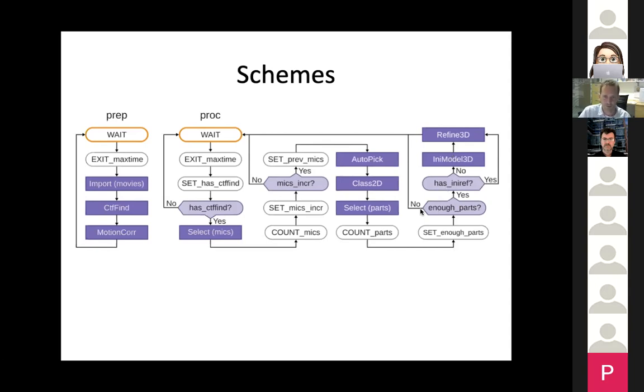And if any of these conditions is not met, then you just go back and wait until more micrographs have been pre-processed. So that kind of gives you an idea.